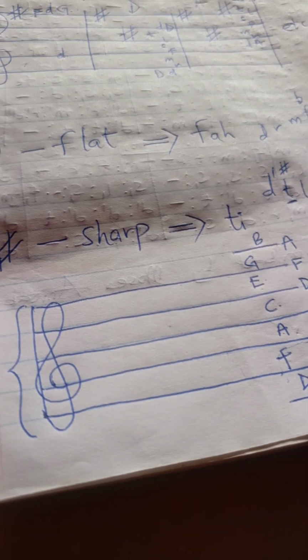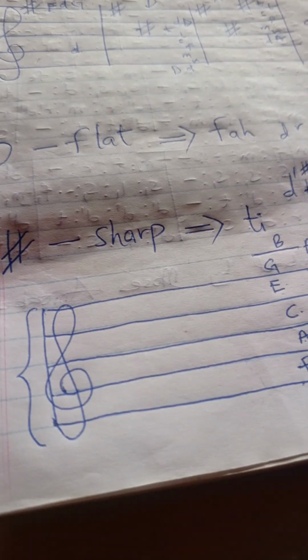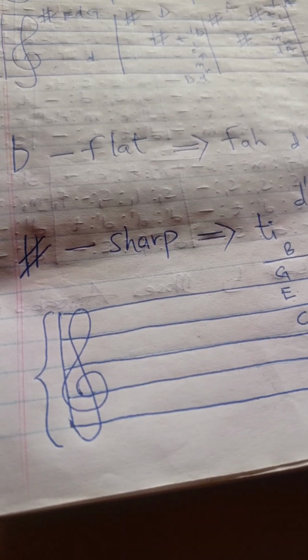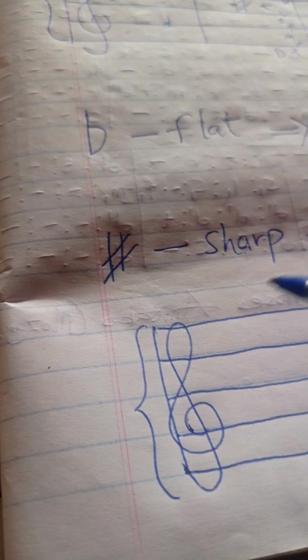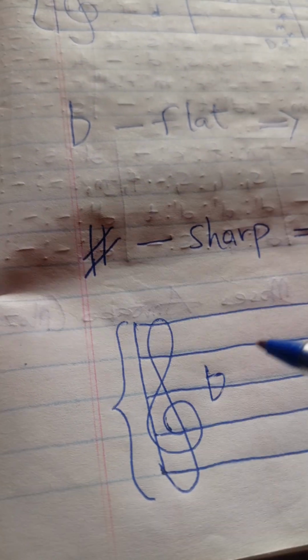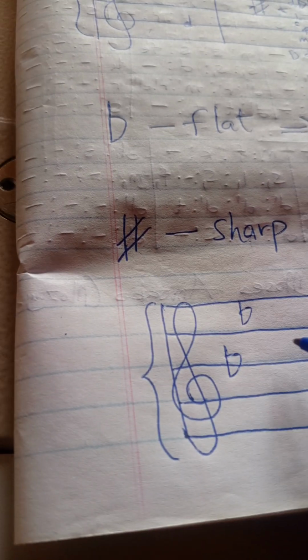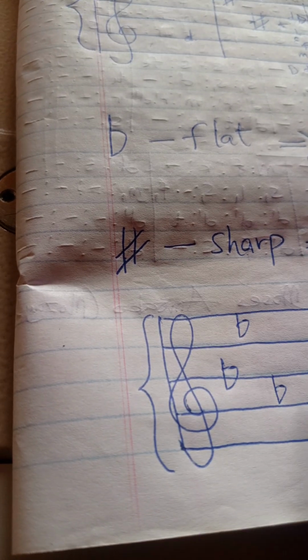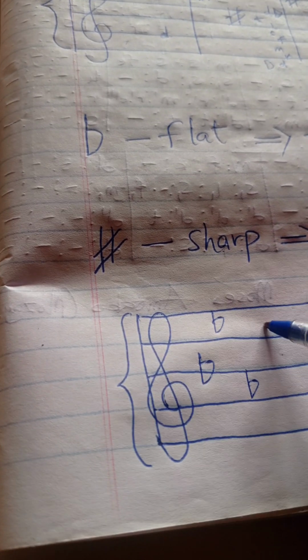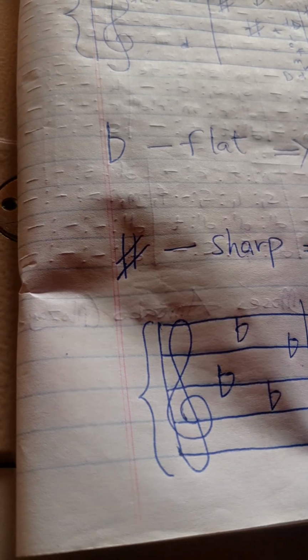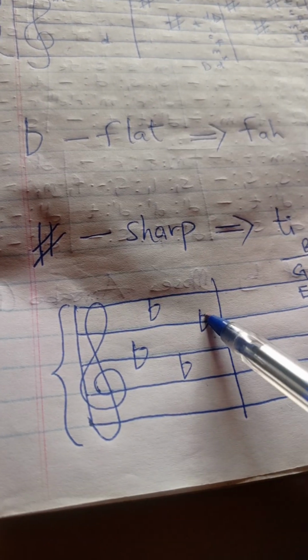Okay, let me just give you an assignment, then you write the key in which that music is written for me to see. So we are going to use this one. We have 1, 2, 3, 4.